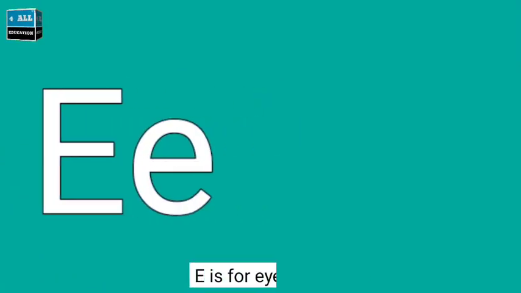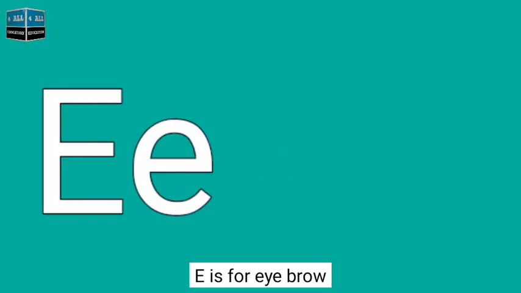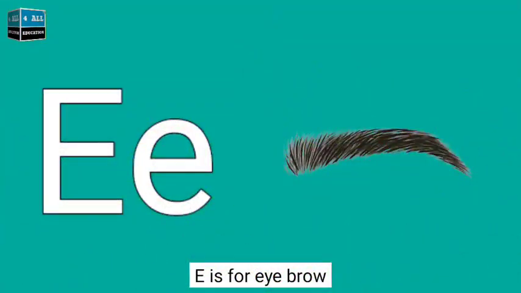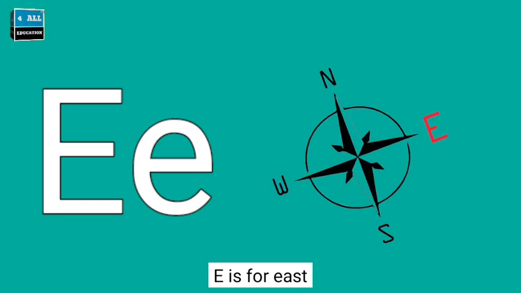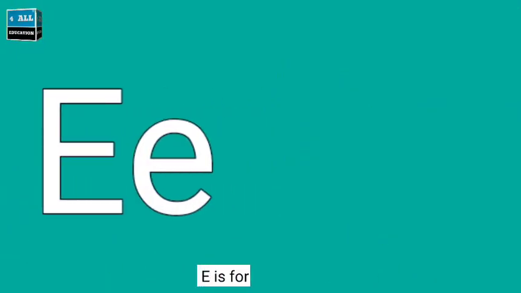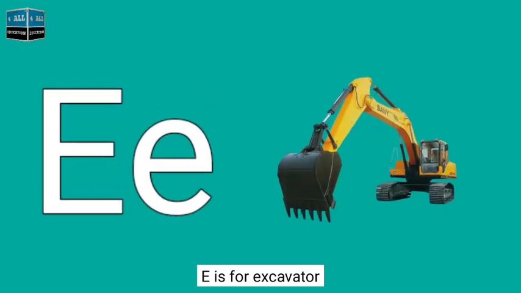E is for eyebrow. E, eyebrow. E is for east. E, east. E is for excavator. E, excavator.